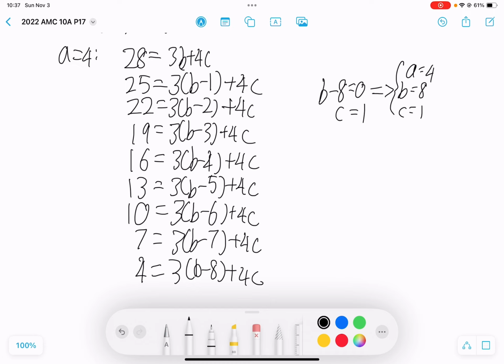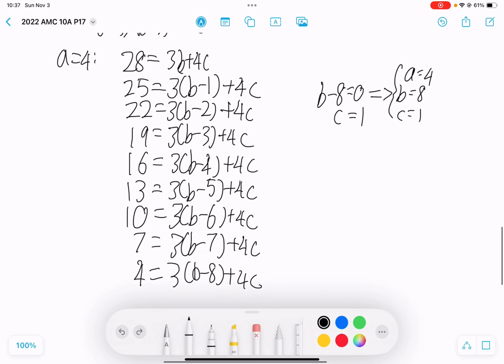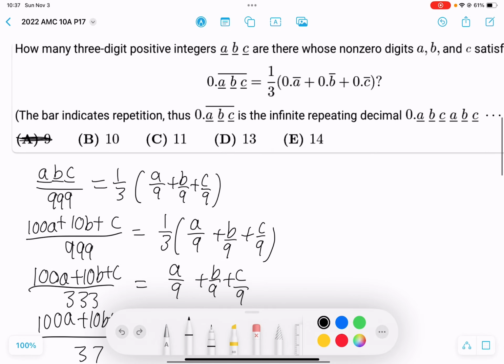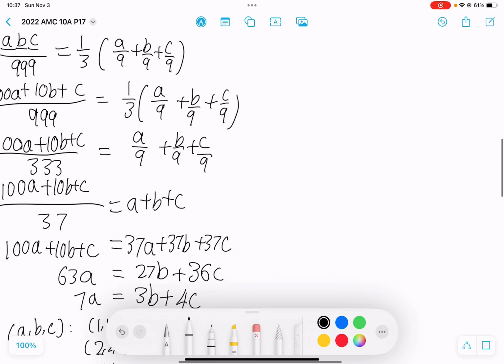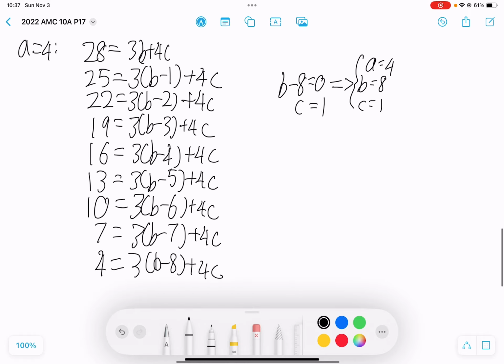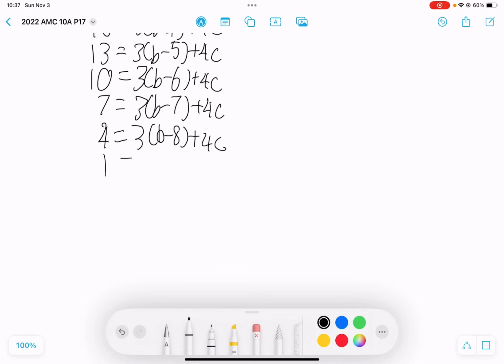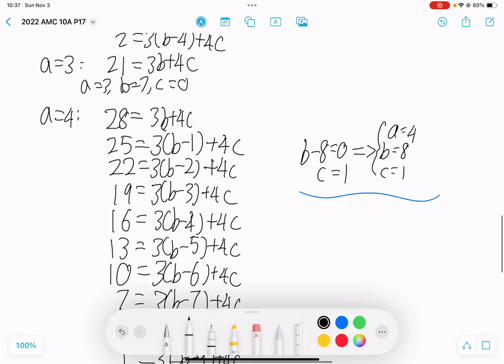If we plug this into this equation, it works. And this is a new solution, so there's an extra solution. So we know that the answer choice here is definitely not going to be 9. It's at least 10. Okay, so this is one solution. Let me just underline it so we can count this later on. And if we move down, we have 1 equals 3 times b minus 9 plus 4c, which also doesn't work.